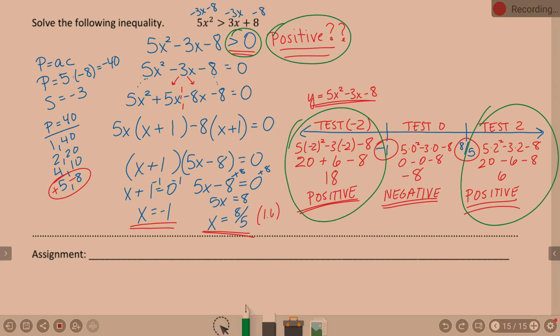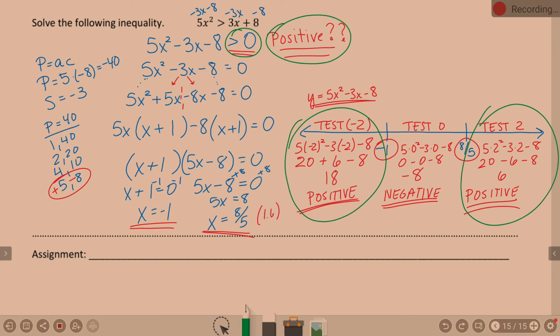Will positive always happen twice like this? No, not necessarily. Will negative only ever happen once in the middle? Not necessarily. I didn't think about this with the examples. All 3 examples went positive, negative, positive, didn't they? I should have tweaked one of those a little bit. Didn't think about it, but that's all right.